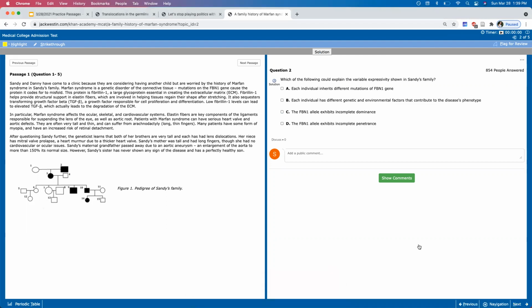Okay, what about number 2? Okay, interesting. So does anyone know the meaning of variable expressivity?